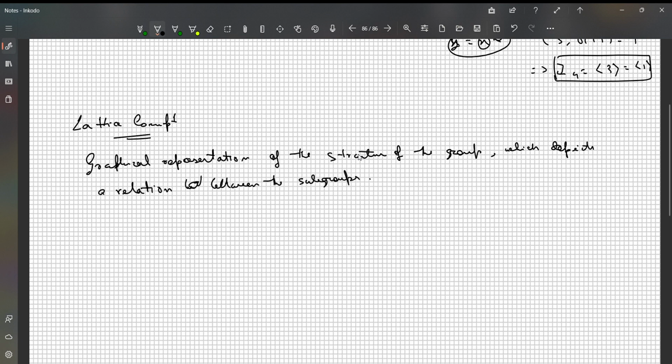Clear? Okay. First, let us just give a quick example, and then we will be having the algorithmic or the constructive concept.